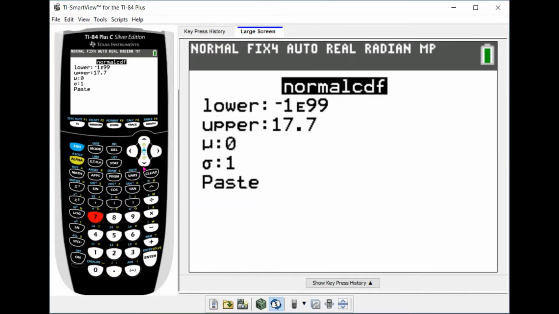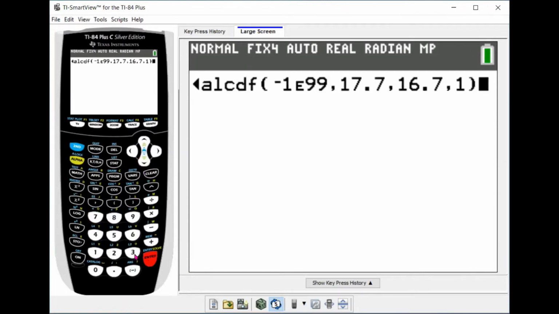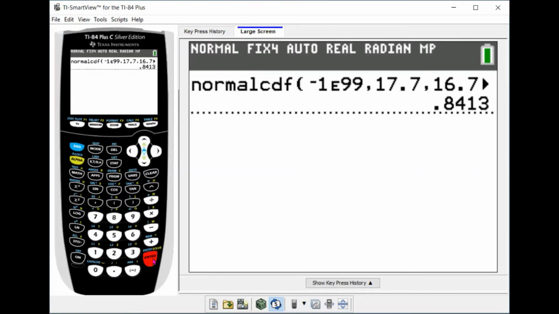Mean in this case is 16.7. Standard deviation is 1. Now we paste this, which is the same as our writing on the paper, and we hit enter to get the result, and we got 0.8413.